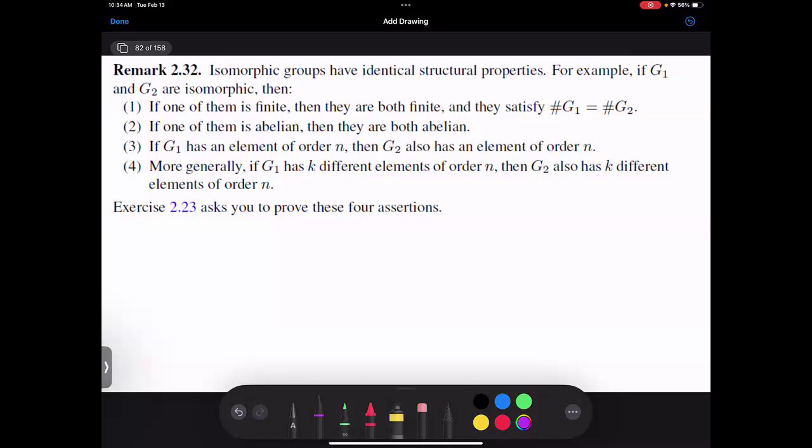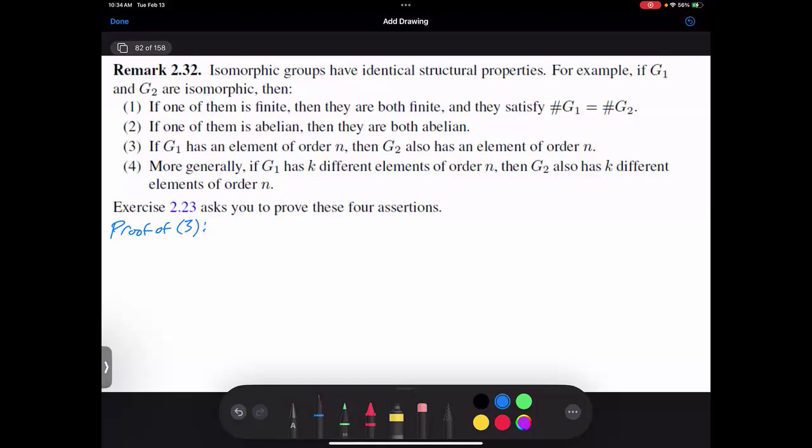So let's go through and let's very carefully prove the third one, that if G1 has an element of order n, then G2 also has an element of order n. And when we're doing something like this, the way proofs frequently begin is you start off by saying, what does the given imply? So let's prove 3. Proof of 3.